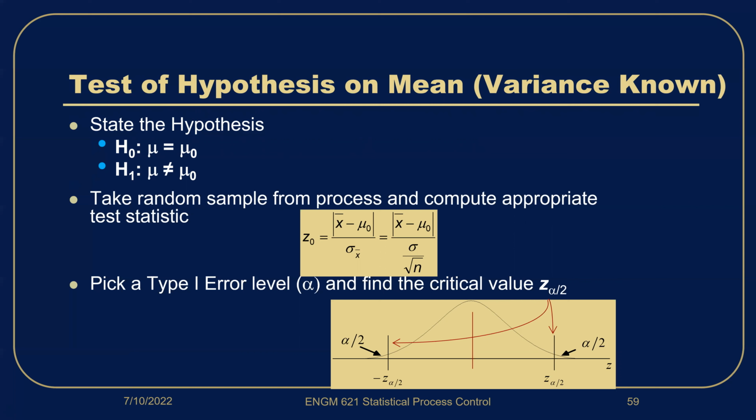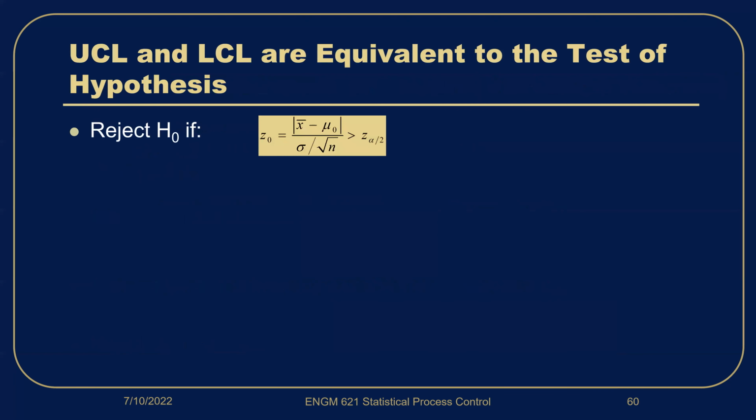Here they are the positive and negative z half alpha. Compare the test statistic with the critical values to determine whether to reject the null hypothesis. If the test statistic is beyond one of the critical values, then we need to reject the null hypothesis. This is the hypothesis test.